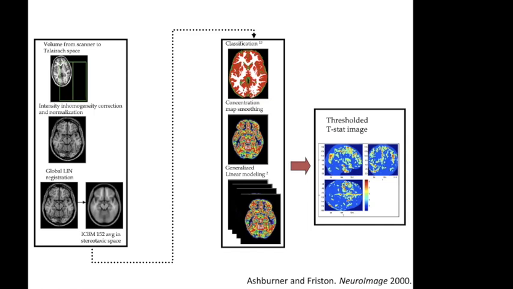So especially if you have an atypical population, so one that we've worked with recently, for example, behavior variant FTD, where you have very atypical atrophy patterns in the brain, that might be a place where you might want to consider creating your own template. People have done this in Alzheimer's or Parkinson's disease and have found that it's improved their detectability threshold quite a bit. Does that answer your question, Haley?